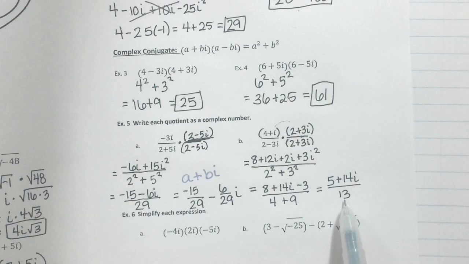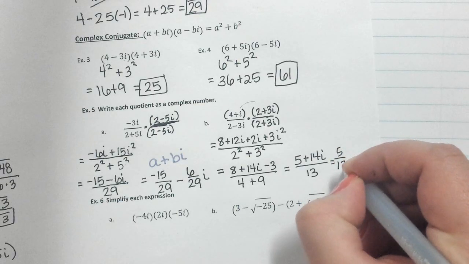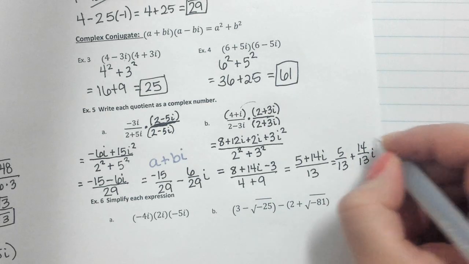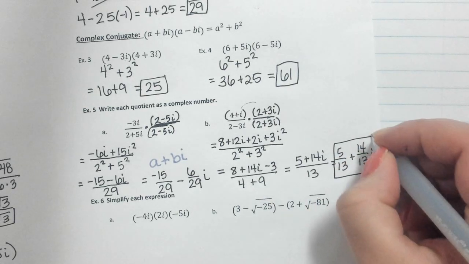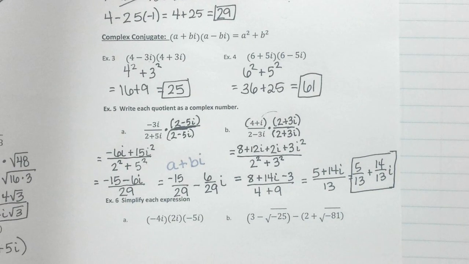But can we leave it like that? No, got to separate it. So 5 over 13 plus 14 over 13i. That would be the answer. All done out.